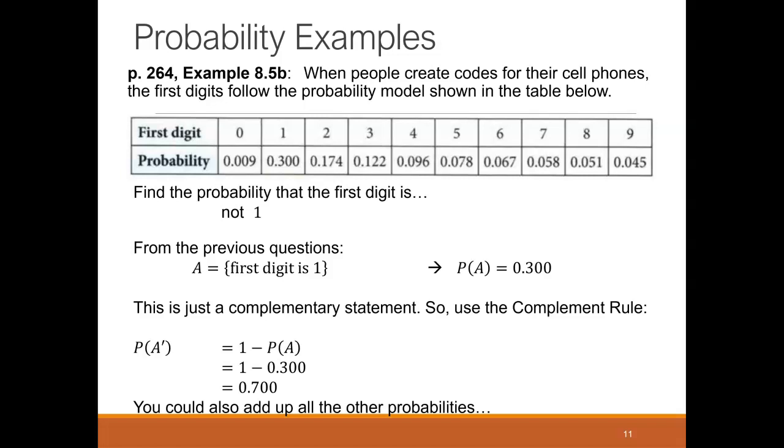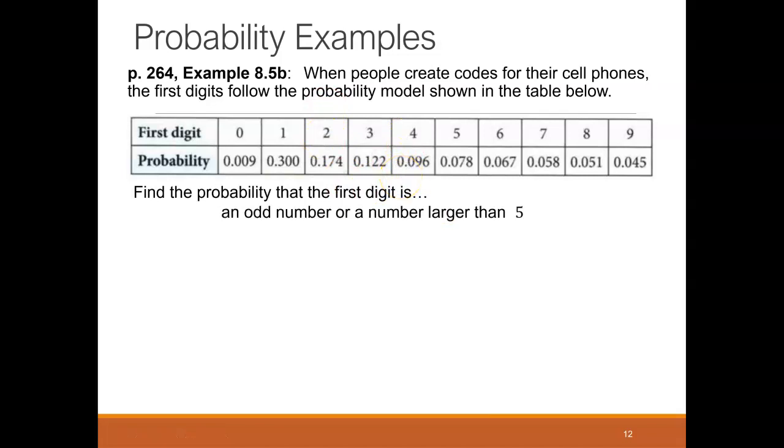Or on the alternative, you could add up the probabilities for 0, 2, 3, 4, 5, 6, 7, 8, 9. But yuck, right? Use the complement if you can. It often makes life quite a bit simpler. So far, so good? Okay.